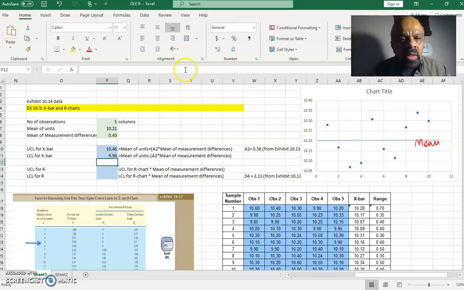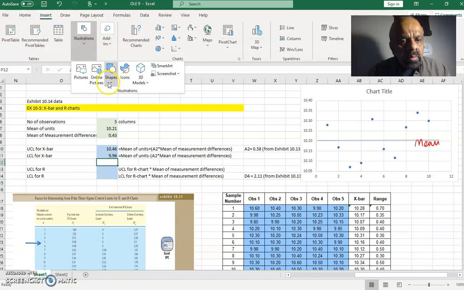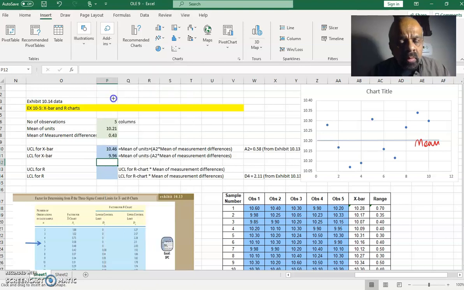Now I can make a line here as the UCL and LCL. So let's insert that. The top one is 10.46, which comes to a little more than that. So I'm going to put it over here.